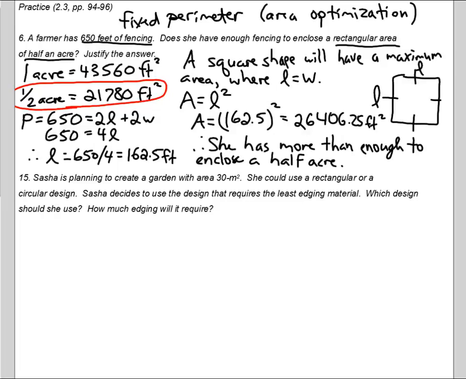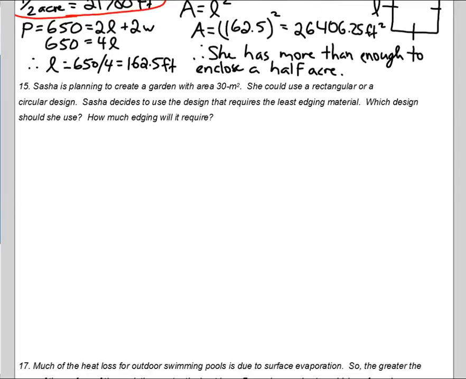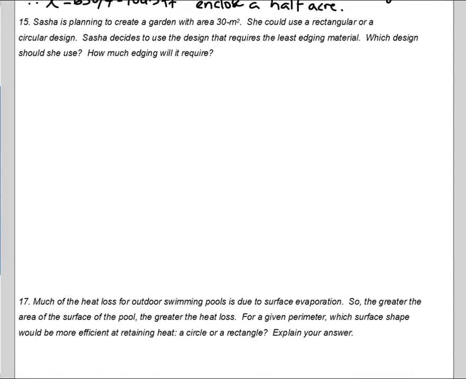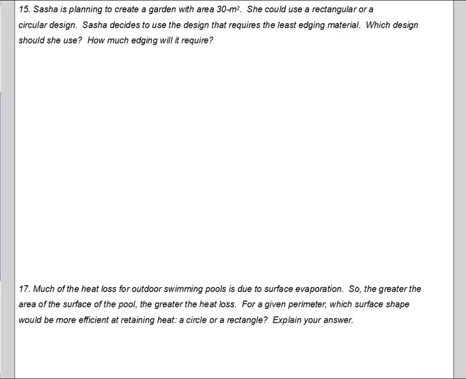All right, number 15 is slightly modified from the textbook. The triangle problem was worked out with a class in 2015 and found to be quite challenging. We learned a lot about math, but it took quite a while to try to determine the optimum area, or perimeter in this case, for a triangle.